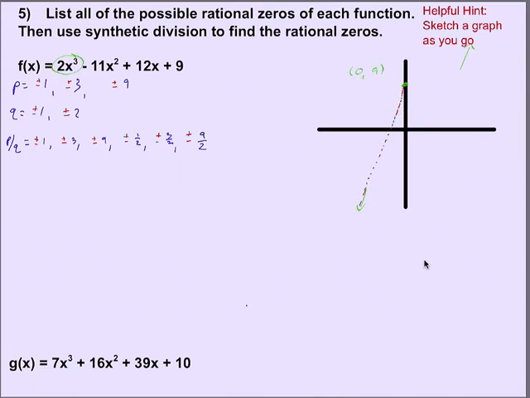I don't know what kind of ups and downs it has in between, but it's got to go from up at 9, and as we move off to the left, it's got to go down towards negative infinity, which means somewhere in the middle there has to be an x-intercept, which tells me when I'm doing my guessing, I'm going to try to guess negative numbers first. That's my thought process.